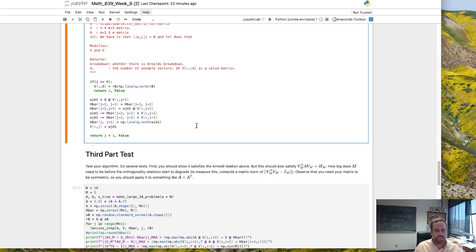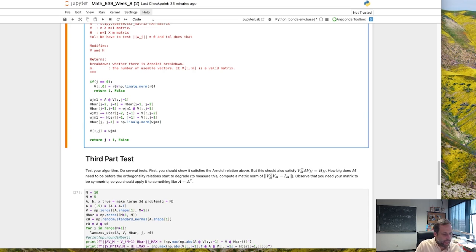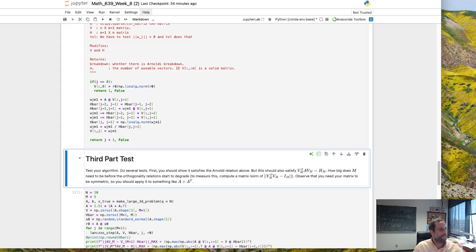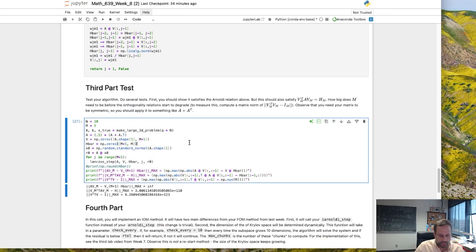We've got h bar j minus 2, j minus 1, and then v j minus 2, and then h bar j minus 1, j minus 1, v j minus 1. Okay, good. Oh, you know what? Here, I never divided, so w j minus 1 is equal to w j minus 1 divided by, here's the problem, h bar j minus 1. All right, so now things should work out a little bit better for us.